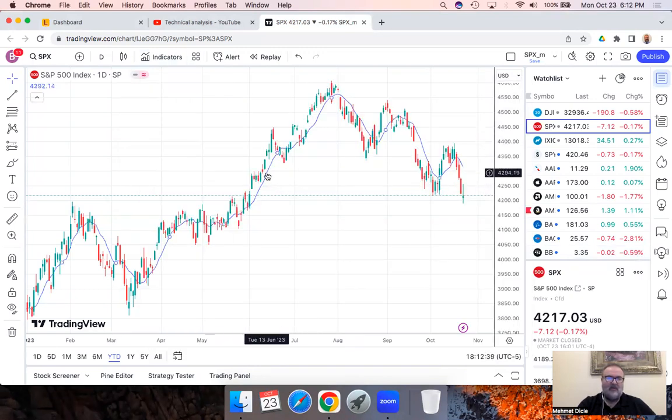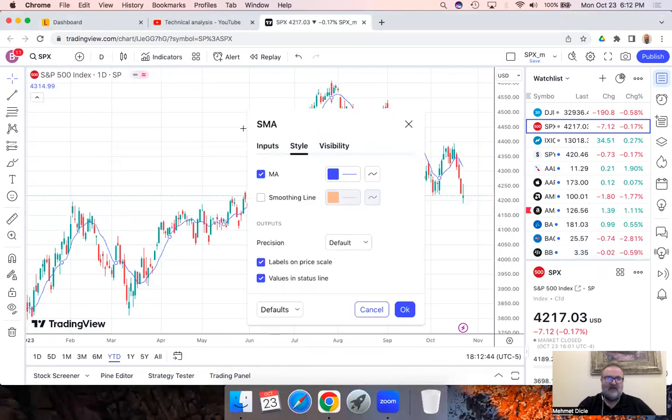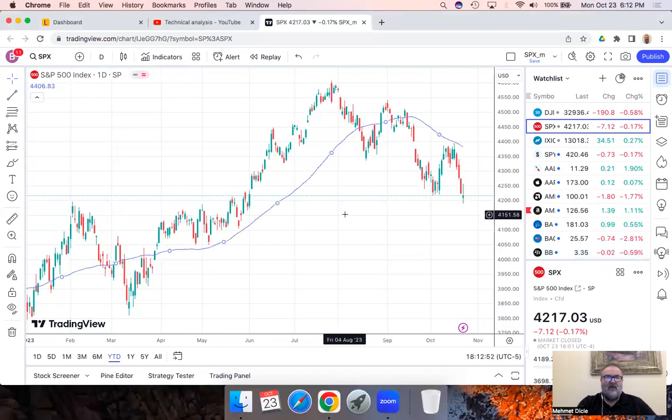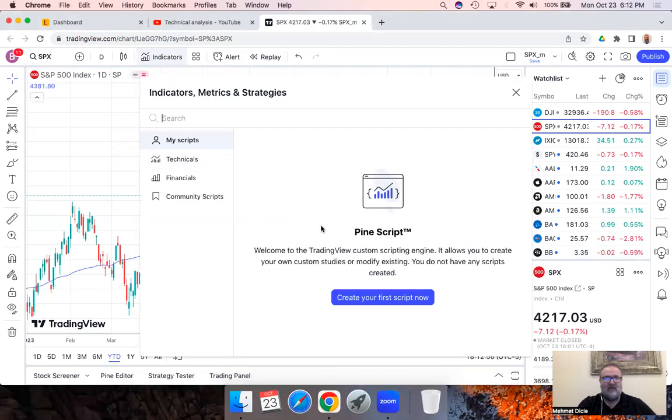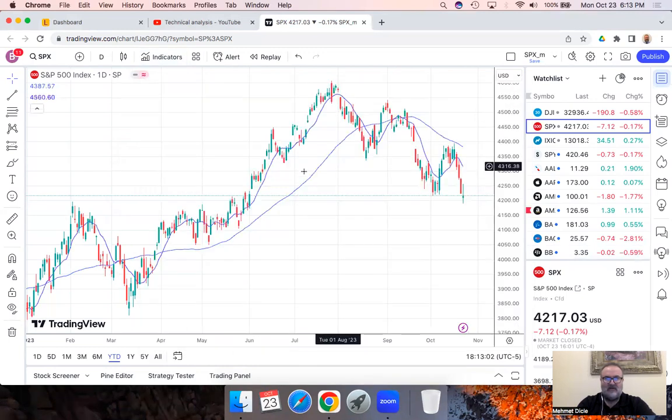And what I want to do is have this moving average, say about 50 days, shorter term, based on the close of the day. And let's include another one, perhaps the moving average for the 200 day. Let's make that one red.